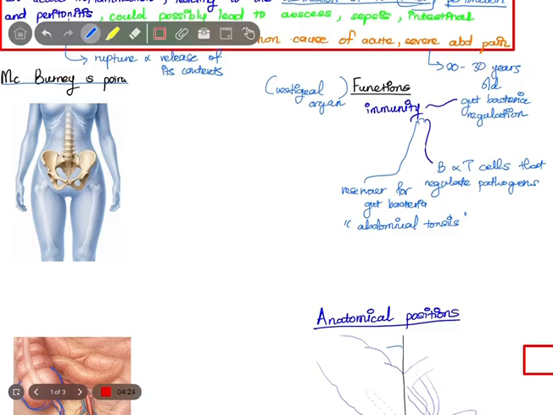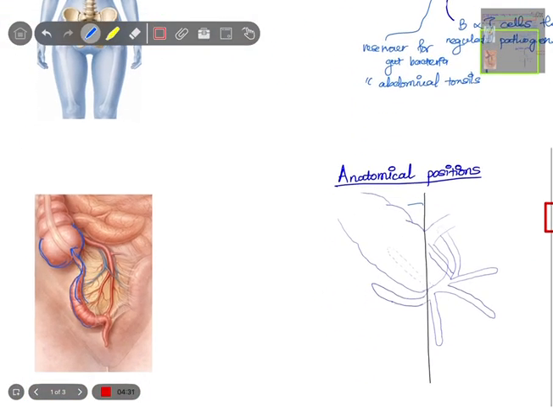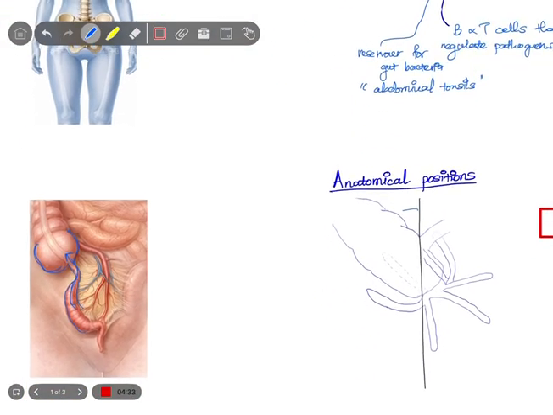Now, the appendix is positioned at the confluence, or rather where these three muscles meet, the tinea coli. These are the muscles that run along the longitudinal axis of the colon.